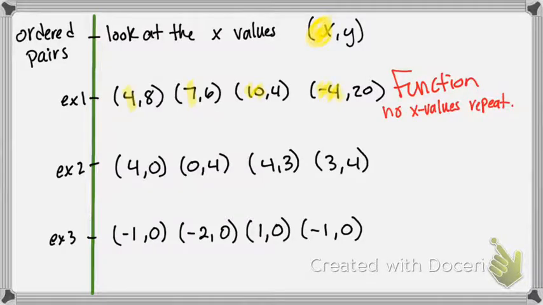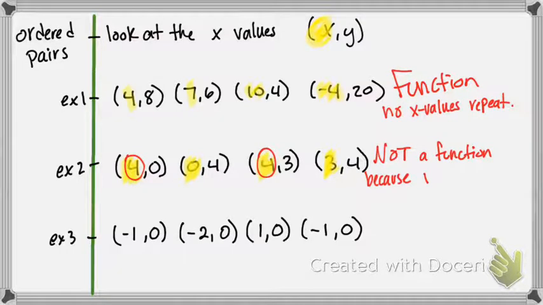Example number 2, we're looking at our x values. We have 4, 0, 4, and 3. If you notice, 4 and 4 repeated, so this is not a function, because the x value 4 repeats. Okay, look at the last one.